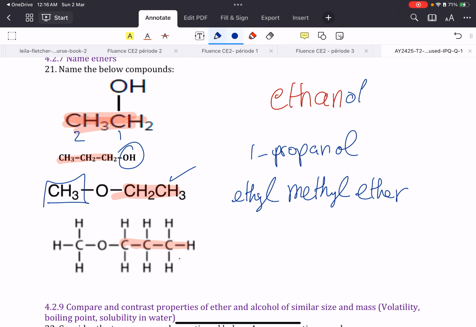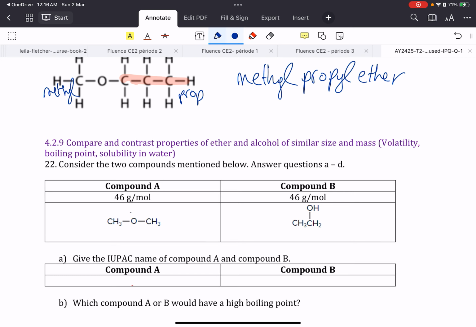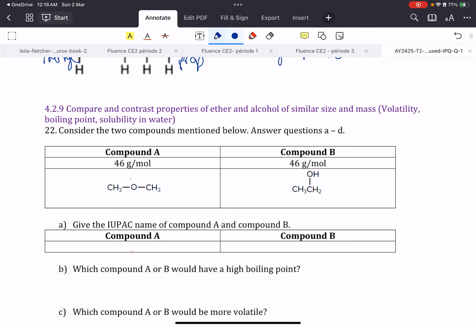I have a propyl from one side and a methyl from the other side, except that M comes first in alphabetical order. So the name is methyl propyl ether. There are video tutorials on the naming. You can go back to them and watch the videos to refresh your memory about the naming.